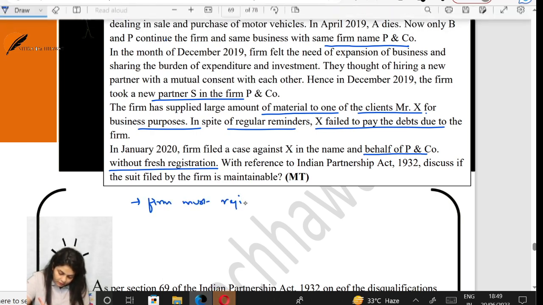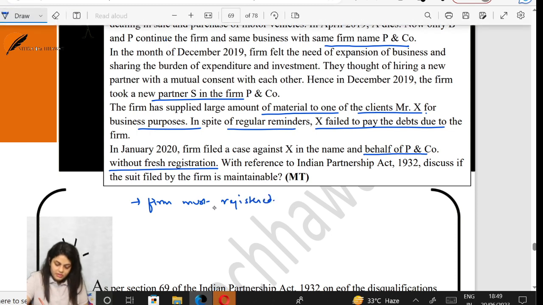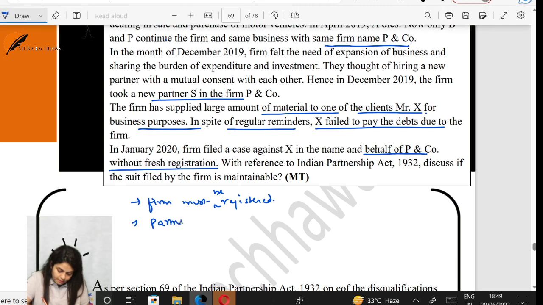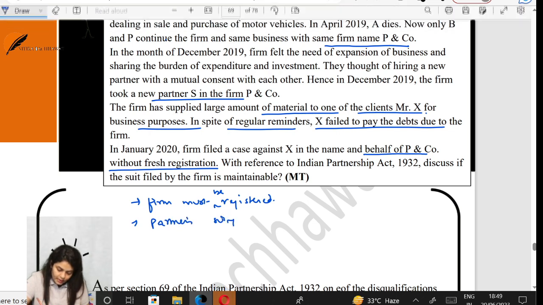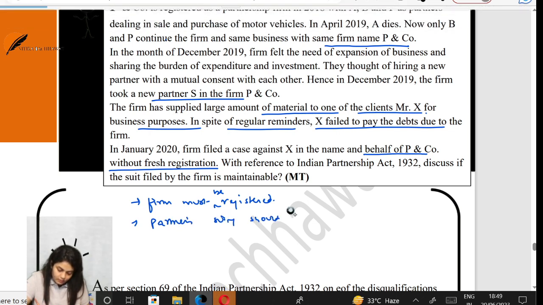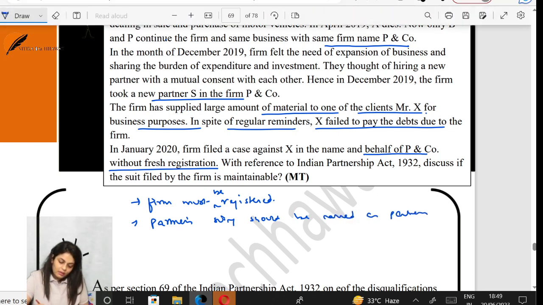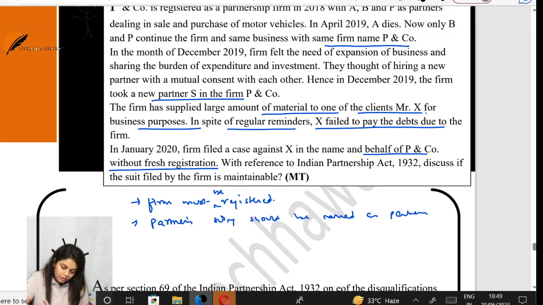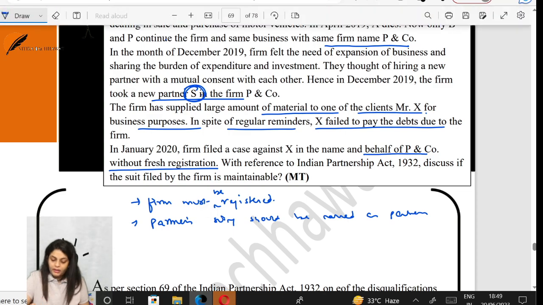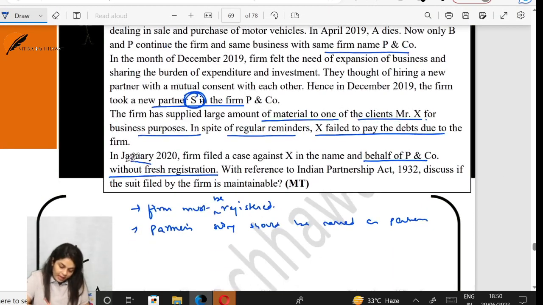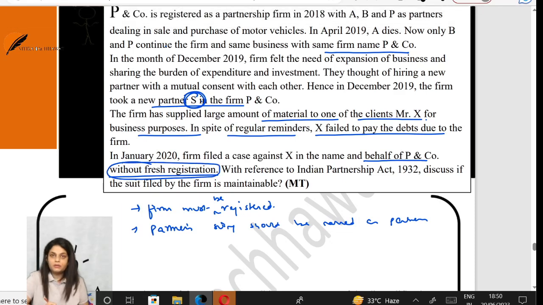First, the firm must be registered, and the partners suing should be named as partners. Here, they took S as a new partner, but there was no registration.